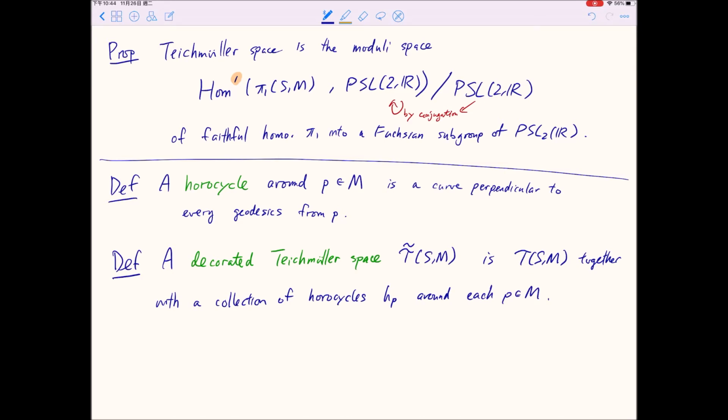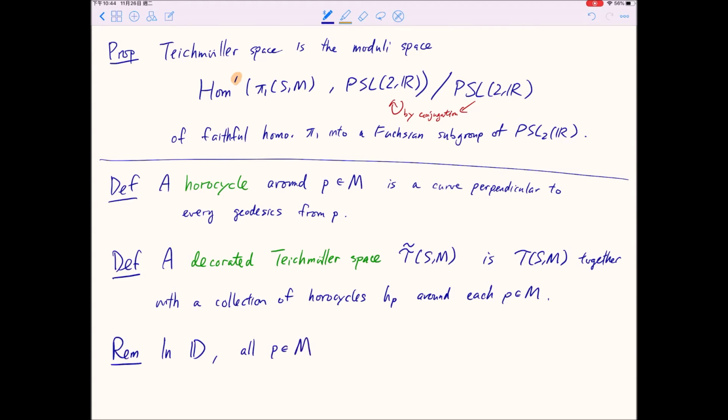So it is the Teichmüller space together with a collection of horocycles. And it turns out that these horocycles can be realized very nicely in the open unit disk model.